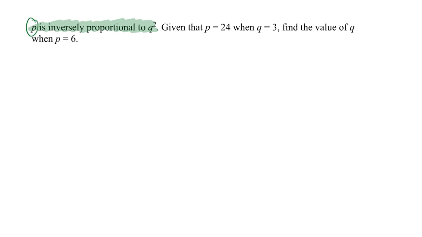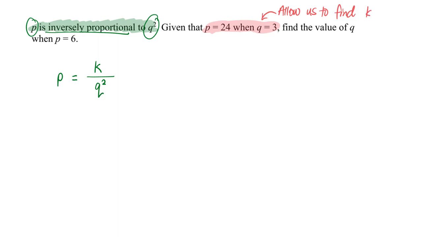So my P will be equals to K, because it is inverse proportion, K divided by Q square. And I look at the next part of the statement, and we are given the values of P when Q equals to 3. This is important because this allows us to find K.